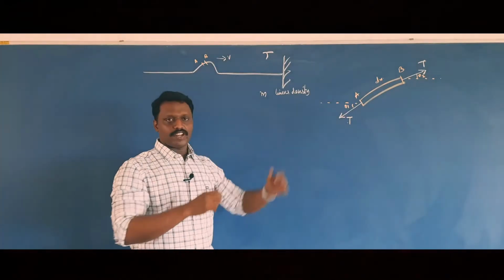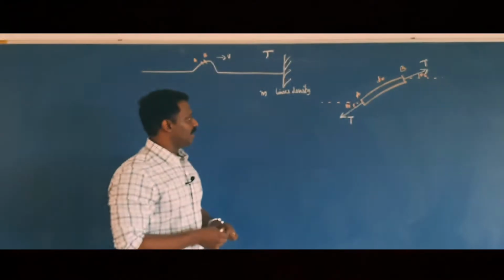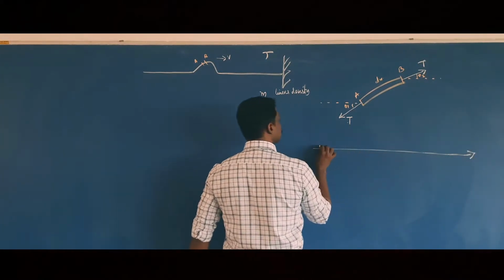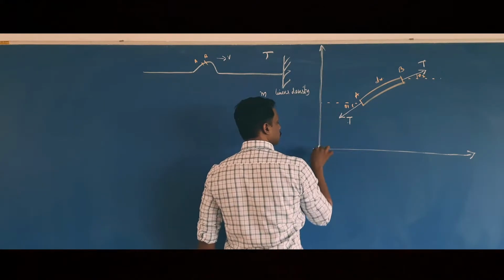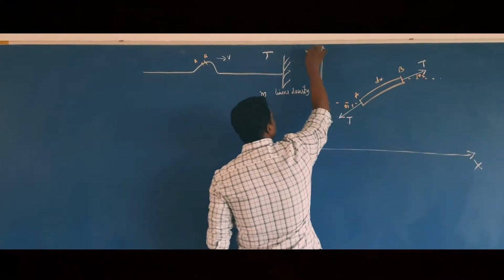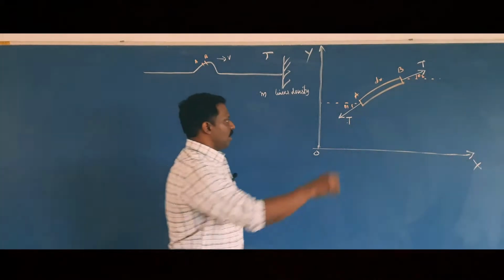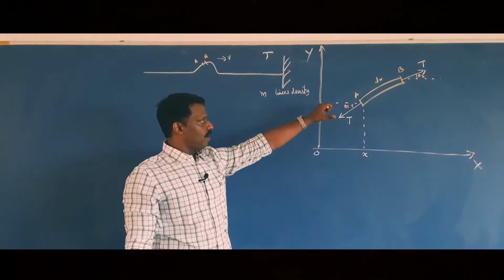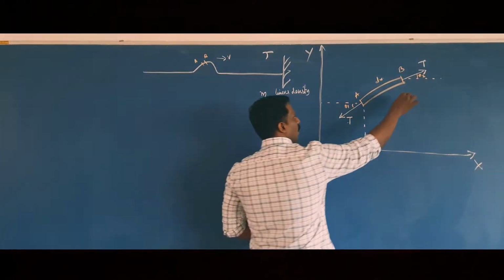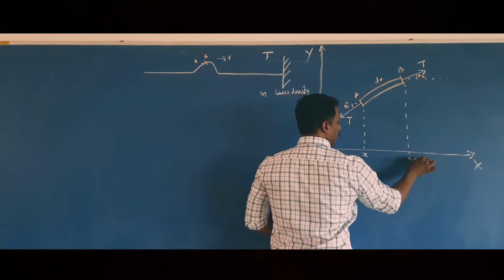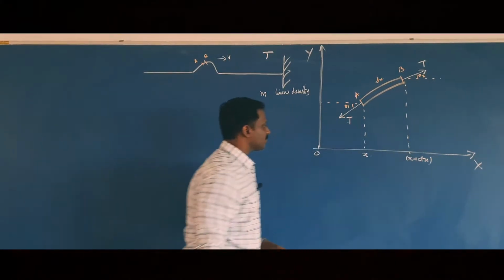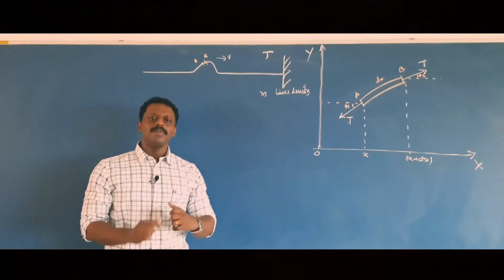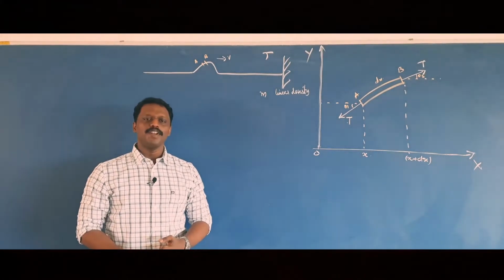Now we have a direction with respect to horizontal. Let us have a frame of reference with O as origin. So the Cartesian coordinate system is used in 2 dimensions. So let x be the position coordinate of A, and at B it will be x plus dx. Tension being a vector can be resolved into 2 mutually perpendicular components.